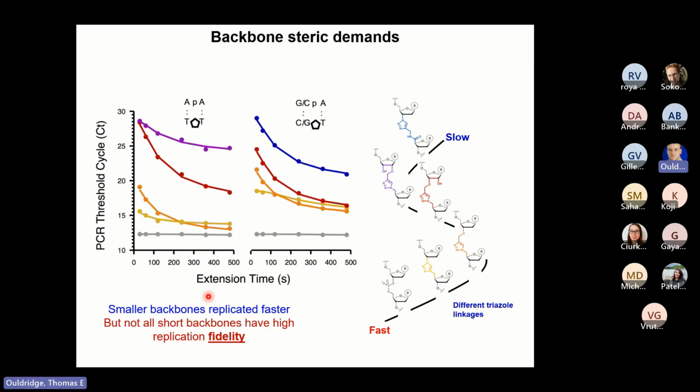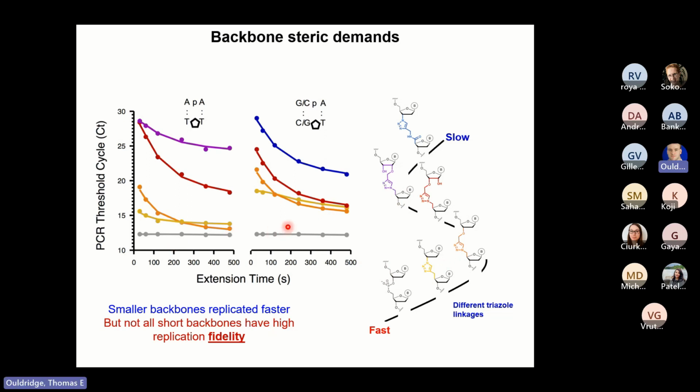And what we found was we took a whole series of different triazole containing DNA templates, compared them to the normal phosphodiester, and looked at this CT value. And we looked at it in different sequence contexts. I'm showing TT and CT or GT here. And the effects were quite consistent. In general terms, this is color-coded. So the normal phosphodiester is in grey, and these different triazoles are in different orange, yellow, and red colours.